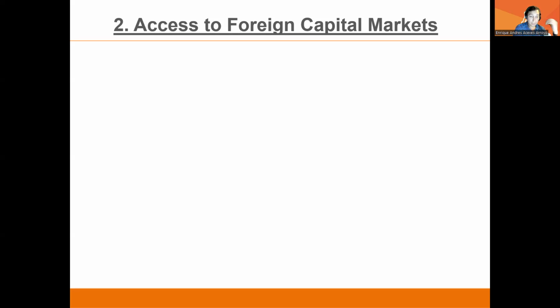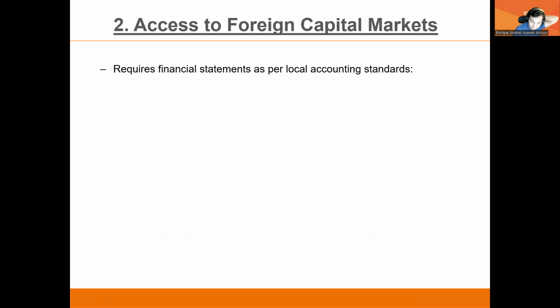They require financial statements that follow the local accounting standards. For example, if you are a Japanese company or a European company and you would like to be listed on the New York Stock Exchange, you have to convert your financial statements into the US GAAP.